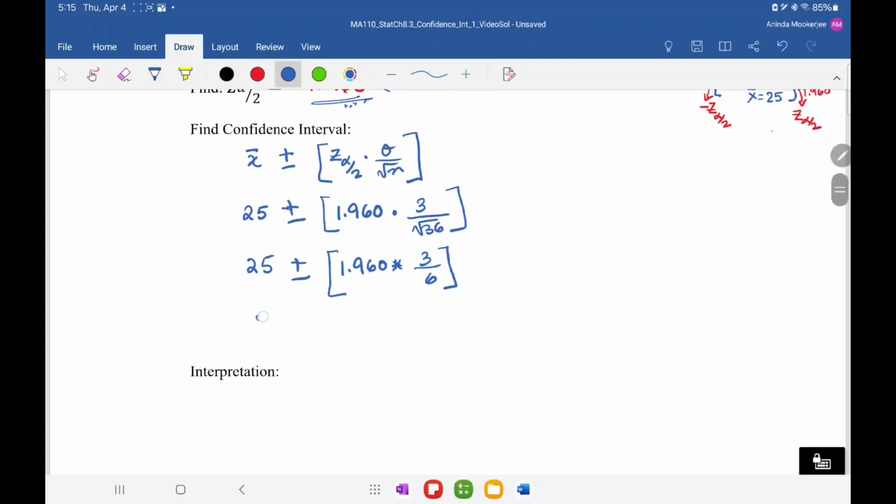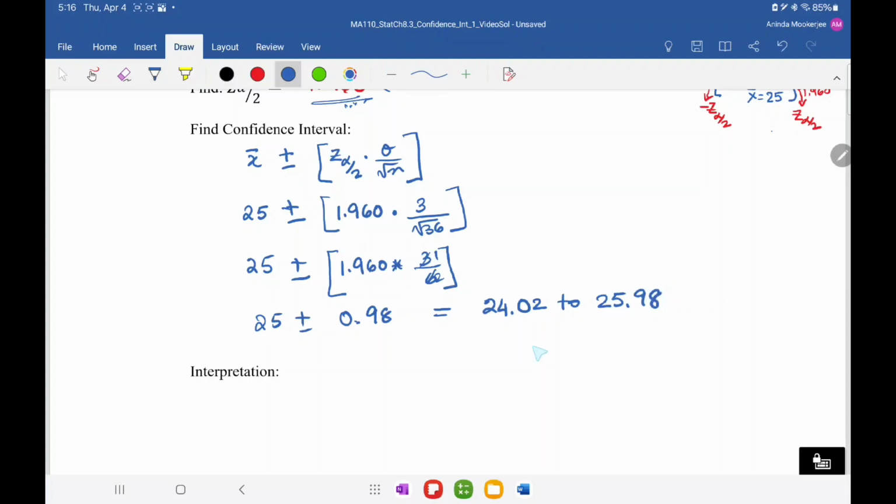So we will have 25 plus minus 1.960 times 1/2. All right, 1/2 of 1.960 is 0.98. And then when we add and subtract 0.98 from 25, we get an interval of 24.02 to 25.98.